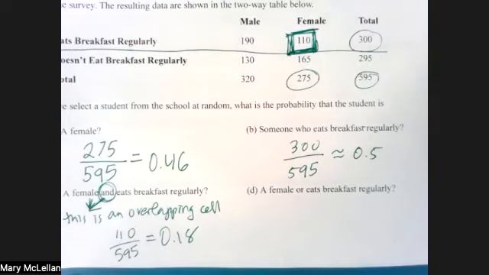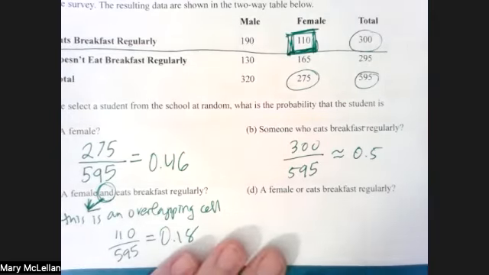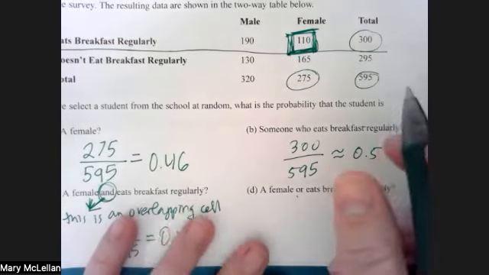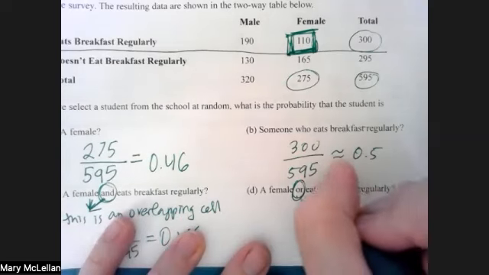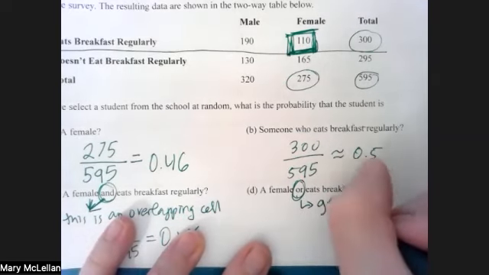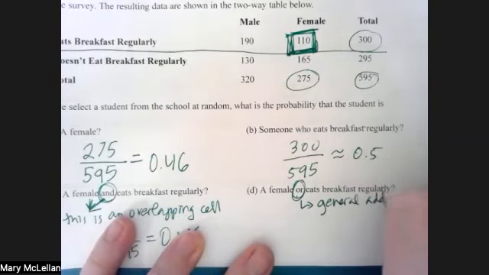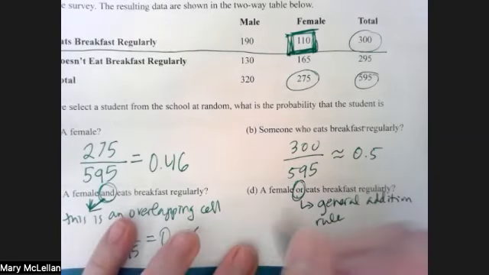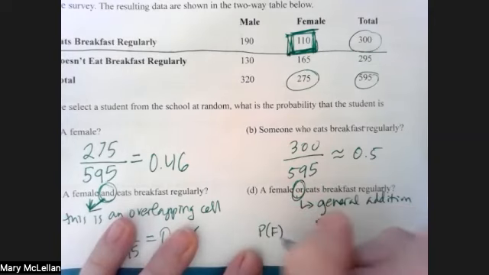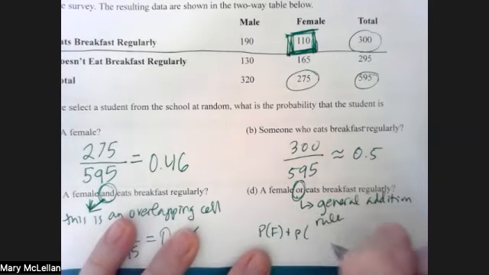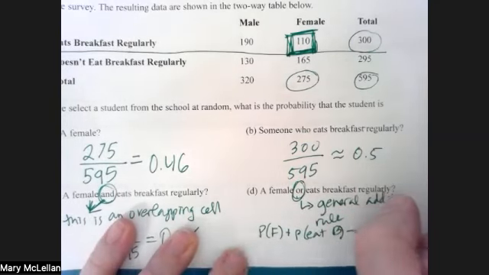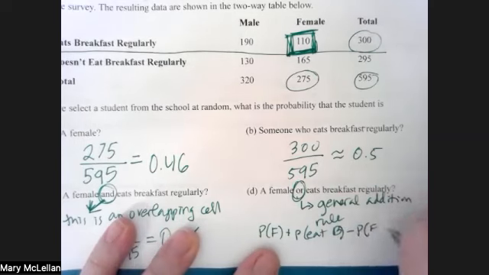Okay, part D, a female or someone who eats breakfast regularly. For that, I use the general addition rule. So I have the probability that somebody is female plus the probability that they eat breakfast minus the probability that they are female and eat breakfast.